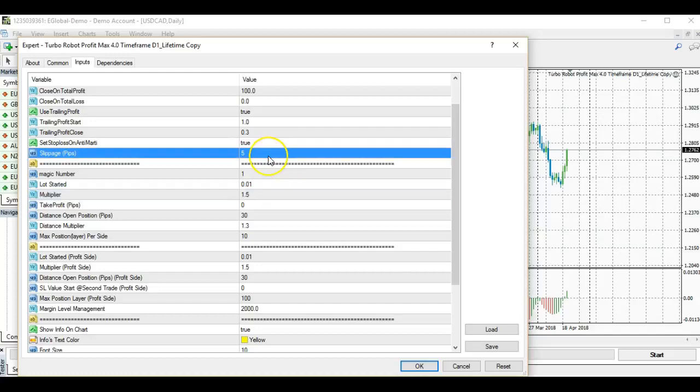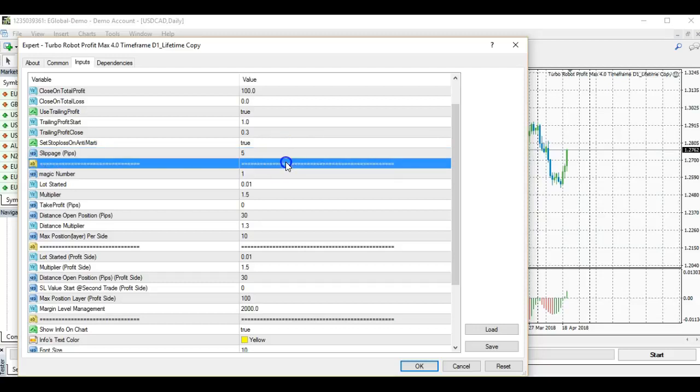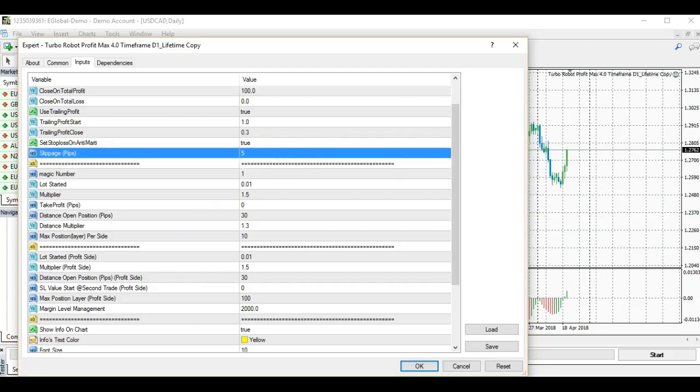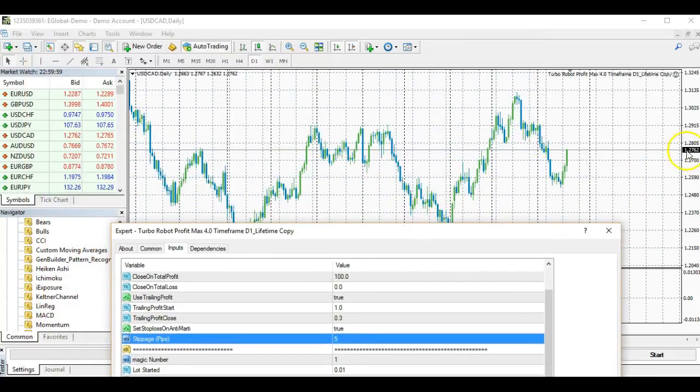So what does slippage mean? Mainly the slippage will be used during news time. Because news time is high volatility, the broker will most likely slip the price from the level where your robot is supposed to trade. Let's say here this is the price.